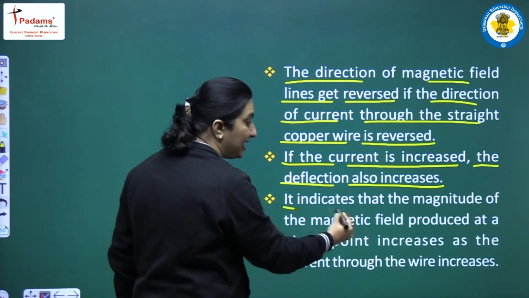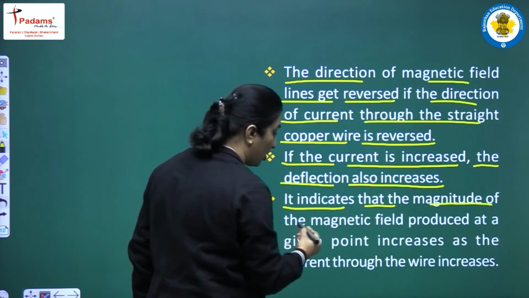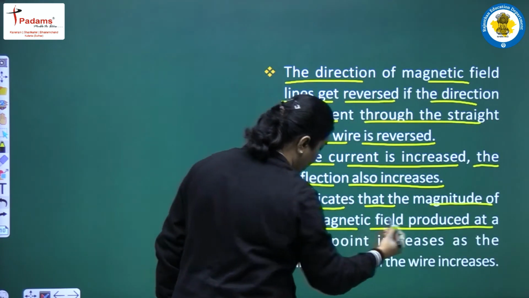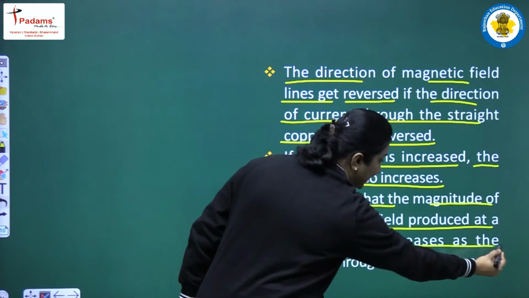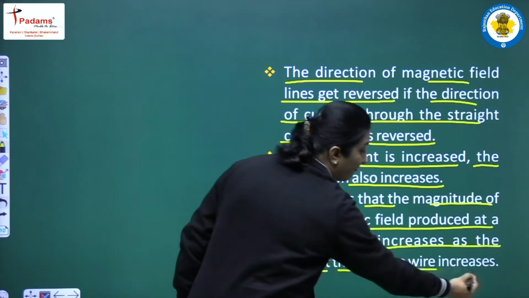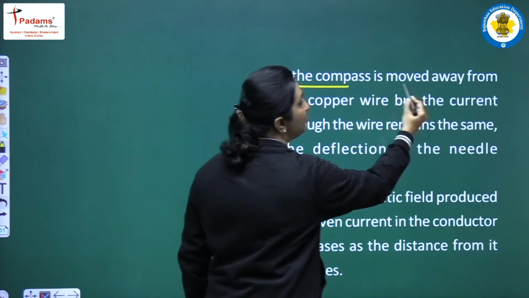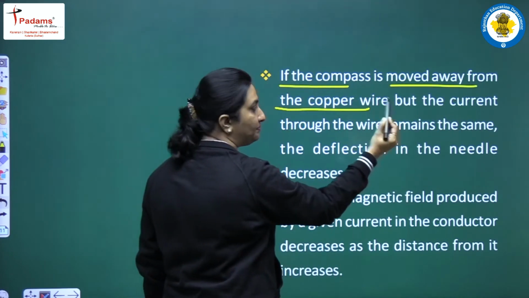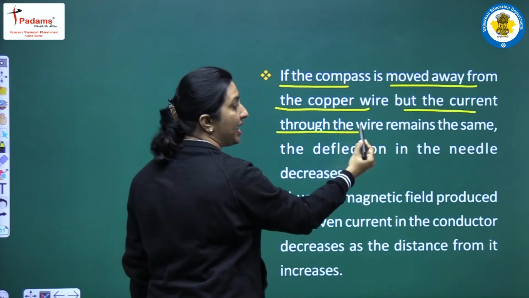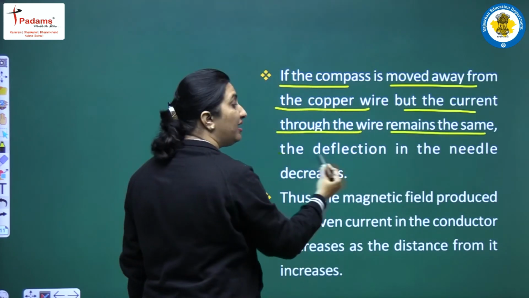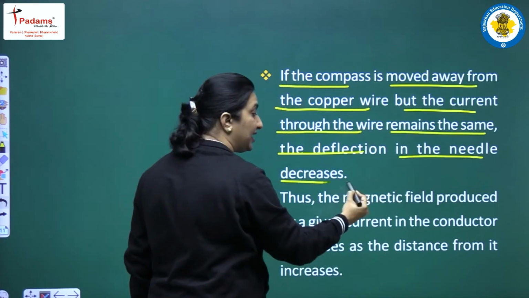It indicates that the magnitude of the magnetic field produced at a given point increases as the current through the wire increases. So students, if the compass is moved away from the copper wire, but the current through the wire remains the same, the deflection in the needle decreases.